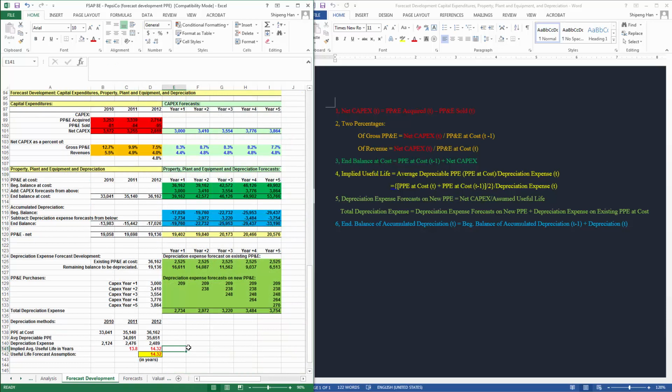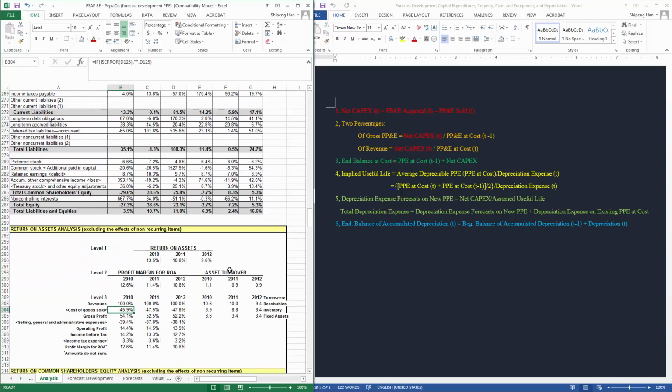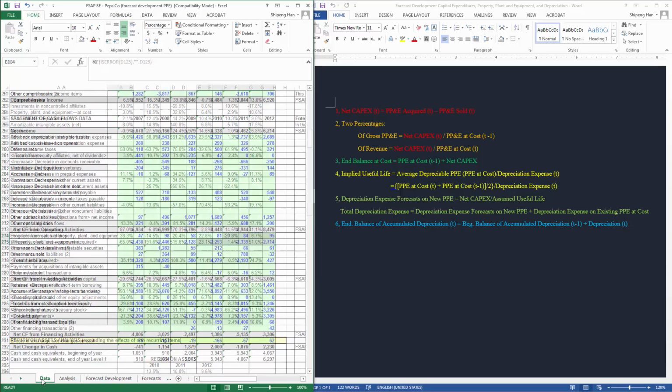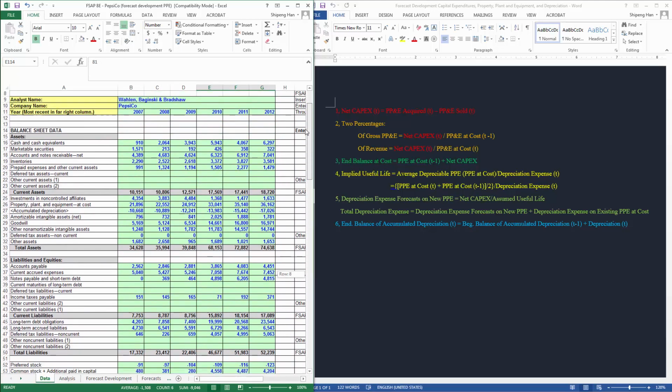Also here, one thing should be noted: when you calculate the useful life, this information is available, from the data tab. Another thing is depreciation expense. Some companies do not report depreciation expense in their financial statements. For example, PepsiCo, right?